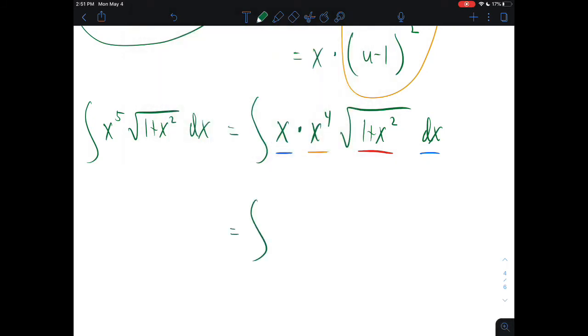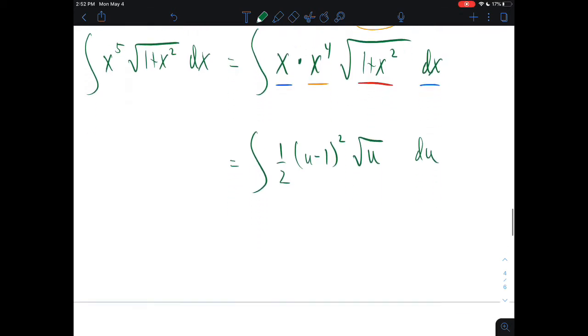So x dx, we said, gets replaced by 1/2 du. I split it up that way because this is all multiplication, and I have constants out front and differentials at the end. x to the fourth is replaced by u minus 1 quantity squared. And then the square root of 1 plus x squared is replaced by the square root of u. So now this doesn't look much easier, but you're about to see why it is.